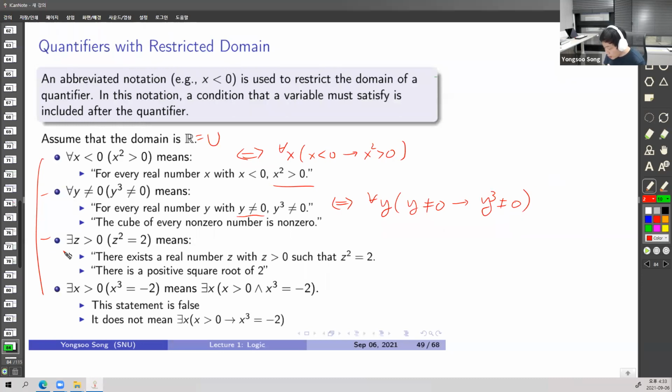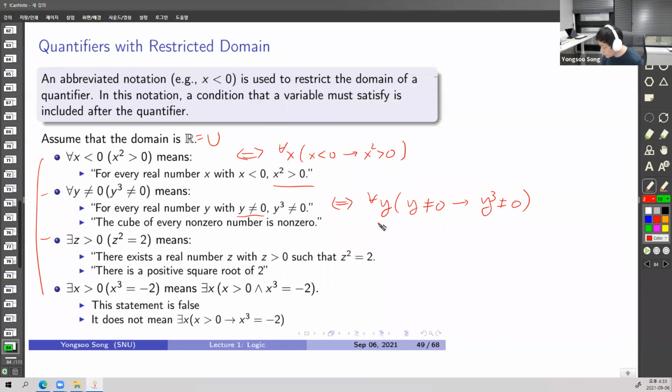And with the existence quantifier, you should find an element in the domain satisfying both this condition and this condition. So it means that there exists a positive real number z such that z squared is equal to 2.